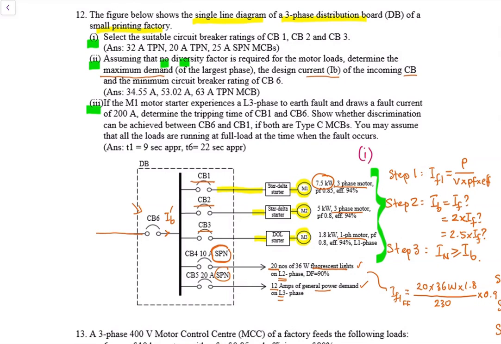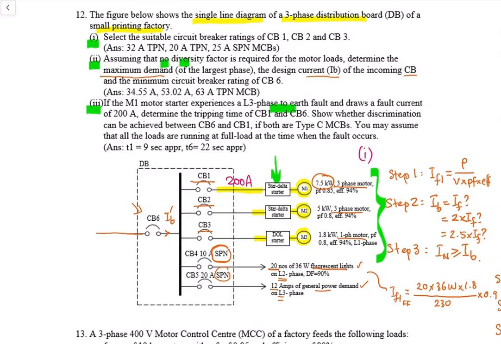If the M1 motor starter experiences the L3 phase, that means this starter, okay, this starter encounters some problem and creates a phase to earth fault and draws a fault current of 200 ampere here. This current flowing here is 200 ampere.